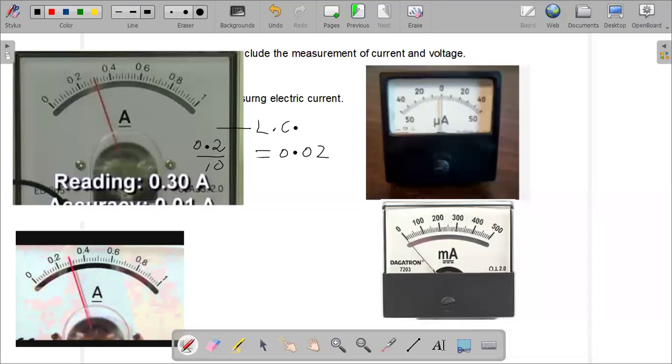It's 0.02. We count the number of divisions. So the number of divisions here is 10, 12, 14, 15. Am I correct that it's on the 15th division? So the current that it will measure will be equal to 0.02 multiplied by 15, which is equal to 0.30 ampere.